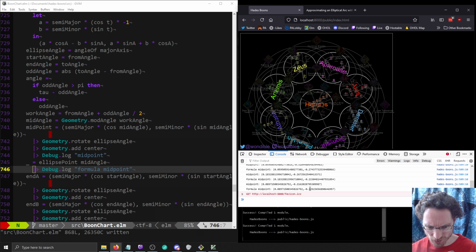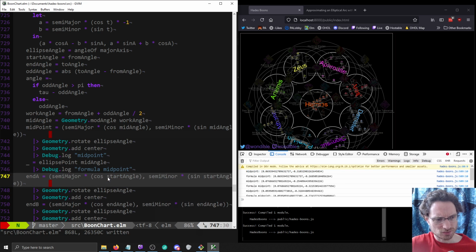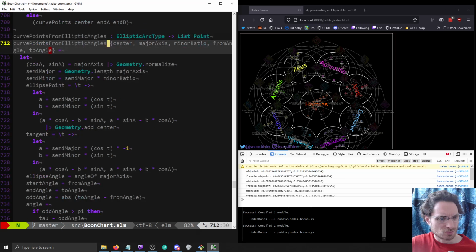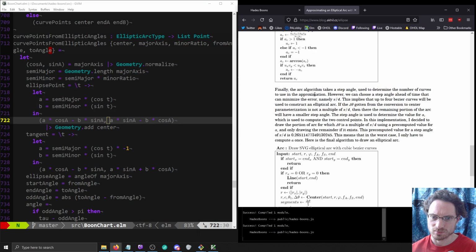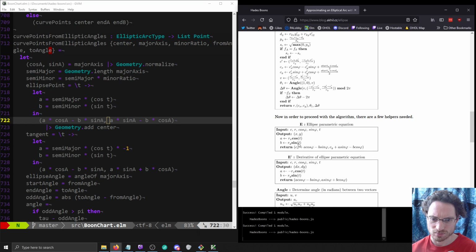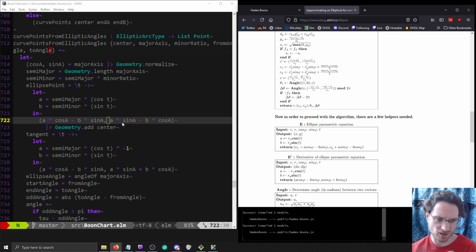It seems to be varying specifically in Y. I wonder if my coordinate system is just flipped. It's not by a sign there, but we are adding center to this.